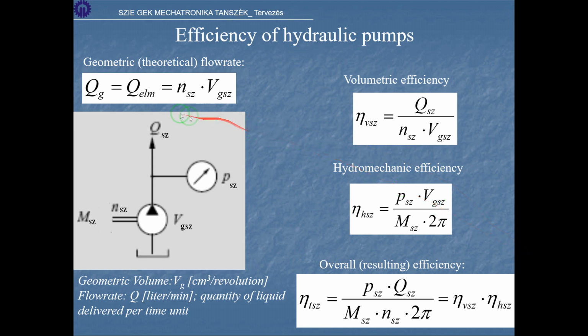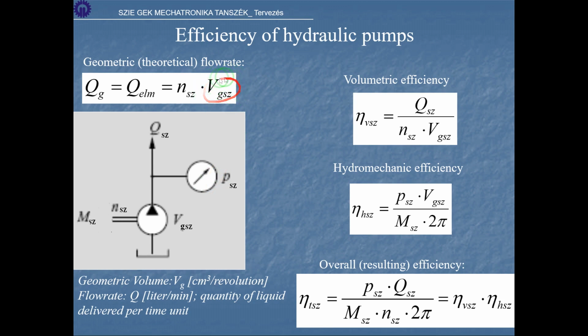liquid to flow. So therefore, if I want to calculate the geometric flow rate, the theoretical flow rate in our case, I simply can multiply the n, which is the revolution per minute, with the geometrical volume of the pump.